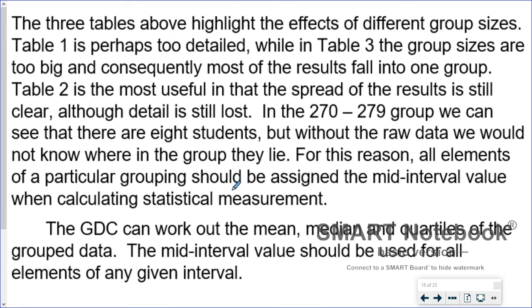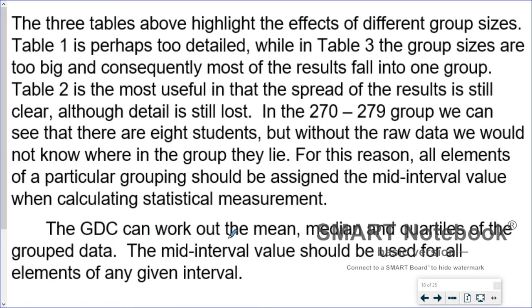So if you're trying to find the median or the mean, and you have the original data, then use that. But if all you have is grouped data, you have to use the mid-interval. So halfway between 270 and 279 would be 274.5. You essentially would say that all 8 of these students did 274.5.